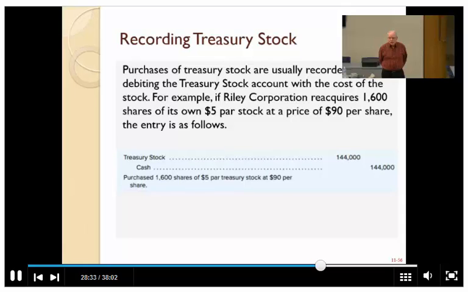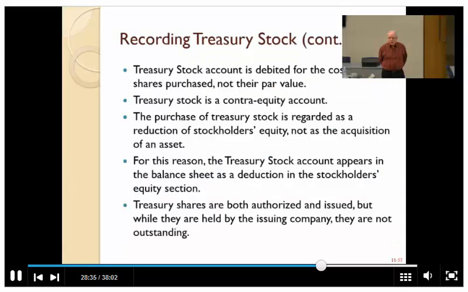All right, contra equity. And again, I said that on the face of the balance sheet, you have to indicate the shares authorized, the shares issued, and the shares outstanding. And the difference between issued and outstanding would be treasury stock.